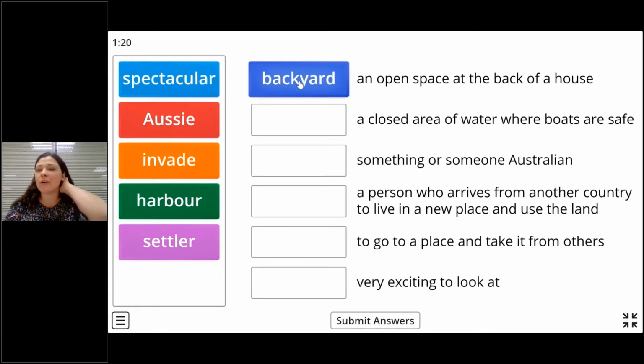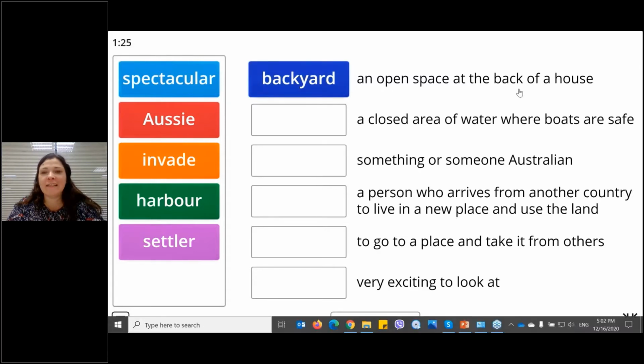A closed area of water where boats are safe. How do you call this word? Super. You need to choose the words from the list.